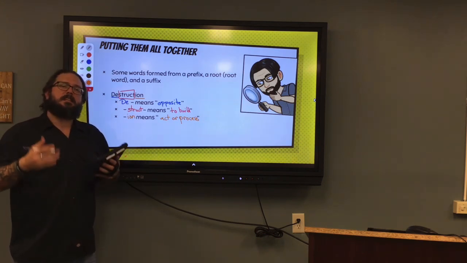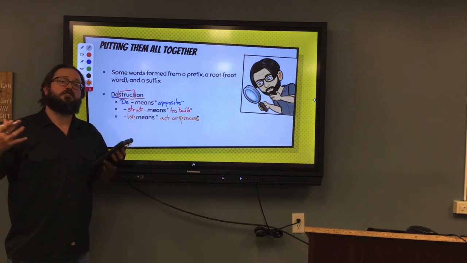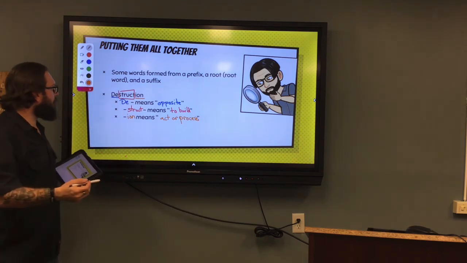Understanding the meanings of the individual components helps us determine what the word destruction means when considered all together.